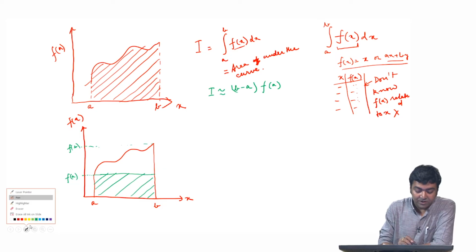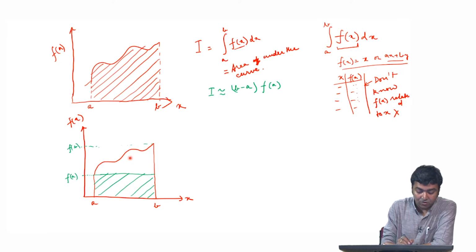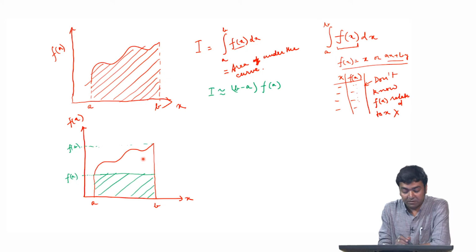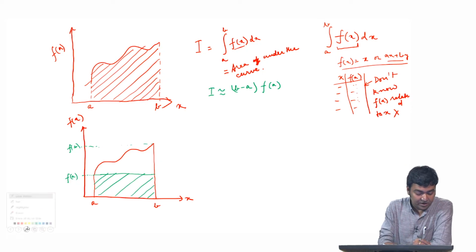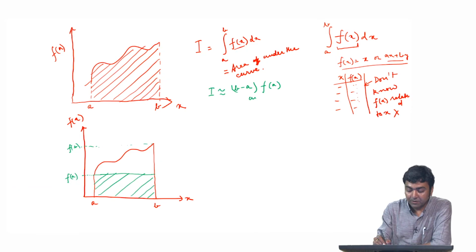But the problem is that we are missing out this part of the function. This whole unshaded region is not taken into account, so we are severely underestimating the value of the integral.